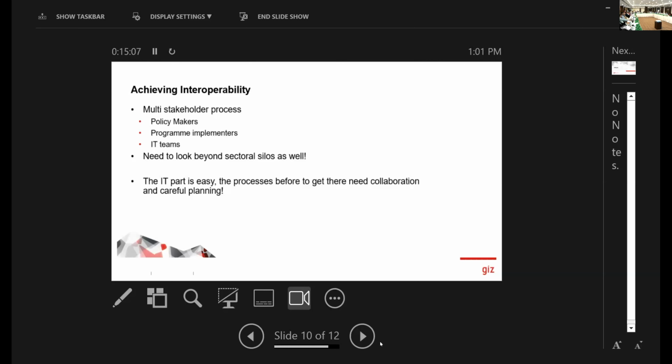So my last point is that the IT part, from my experience, is easy. The processes before that, to ensure collaboration between our various stakeholders, require more effort and really careful planning, so that we come up with an interoperability architecture.